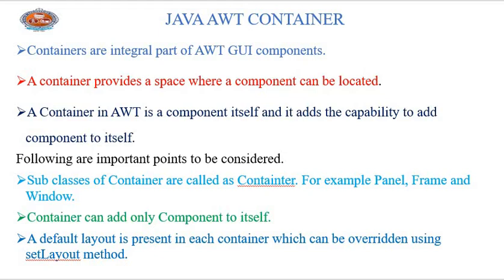The following are the important points to be considered. Subclasses of Container are called containers, for example Panel, Frame and Window. A container can add only components to itself. A default layout is present in each container, which can be overridden using the setLayout method.